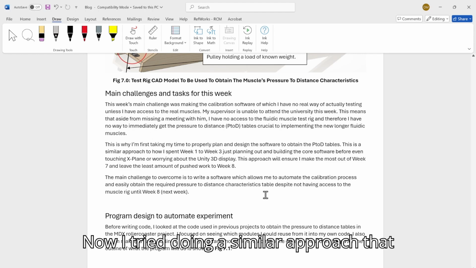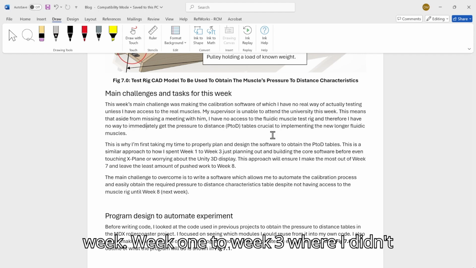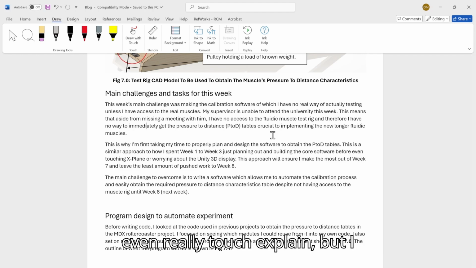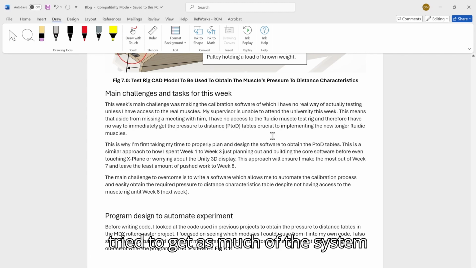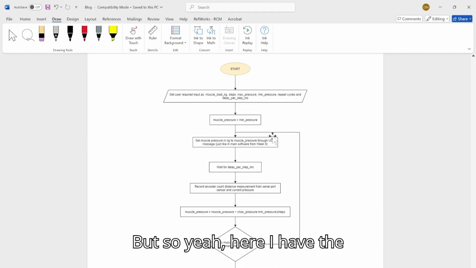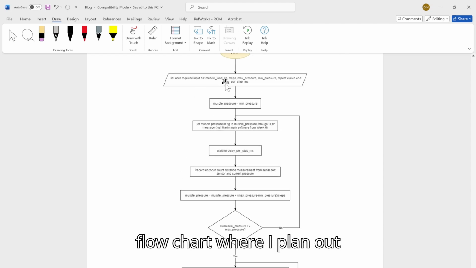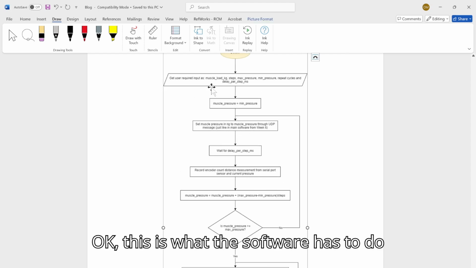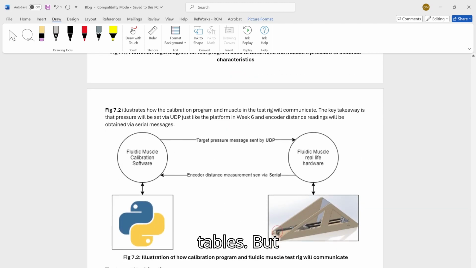So I tried a similar approach to what I did in week one to week 3, where I didn't even really touch X-Plane, but I just designed a high level outline and tried to get as much of the system working by simulation. Here I have the flow chart where I plan out, okay, this is what the software has to do to actually get the pressure to distance tables.